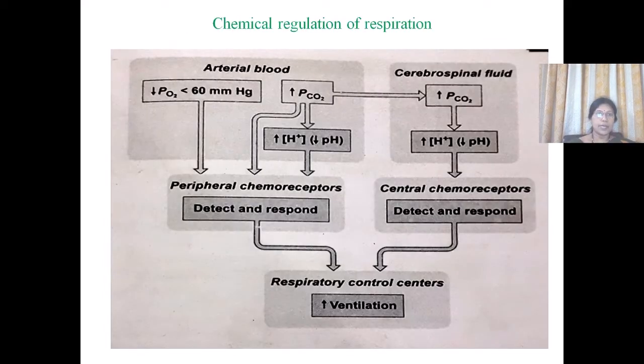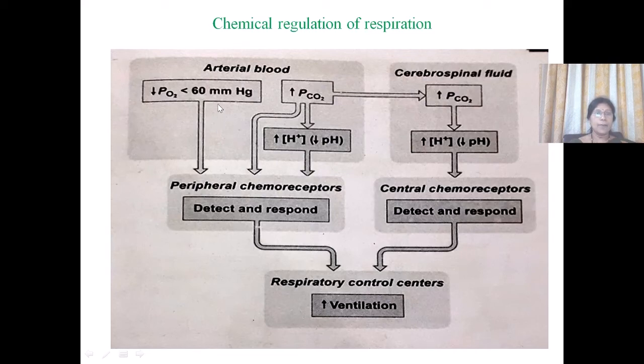Arterial partial pressure is monitored by peripheral chemoreceptors. Stimulation of these chemoreceptors increases the pace and depth of respiration. Under normal conditions, the partial pressure of oxygen shows little effect on the peripheral chemoreceptors.